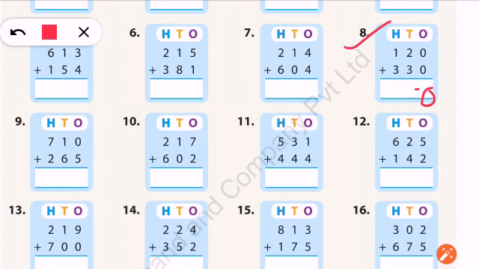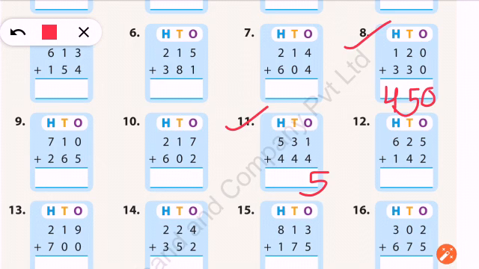2 plus 3 is 5. Okay. 3 plus 1 is 4. Okay. Next we can take question number 11. 4 plus 1. How much? 4 plus 1 is 5. 3 plus 4. If you are having problem in counting in your mind, then you can count on your finger also.